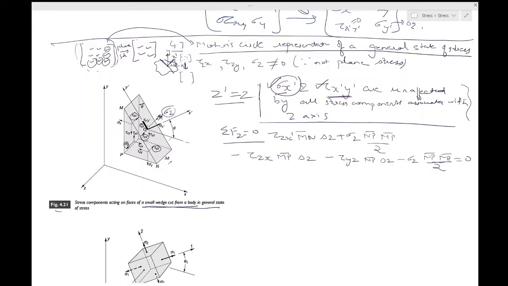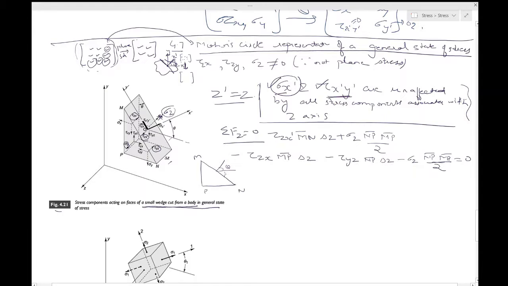Now, when the trigonometric relations between the sides MP, NP and MN are used, what is the relation between NP, MP and MN? This angle is theta, as is given.